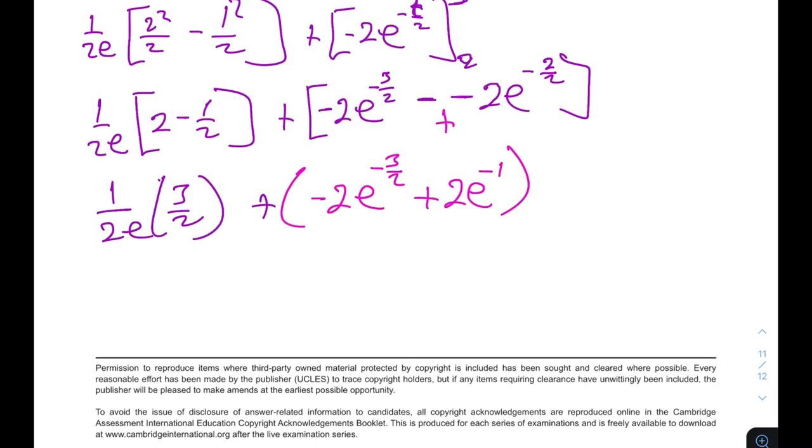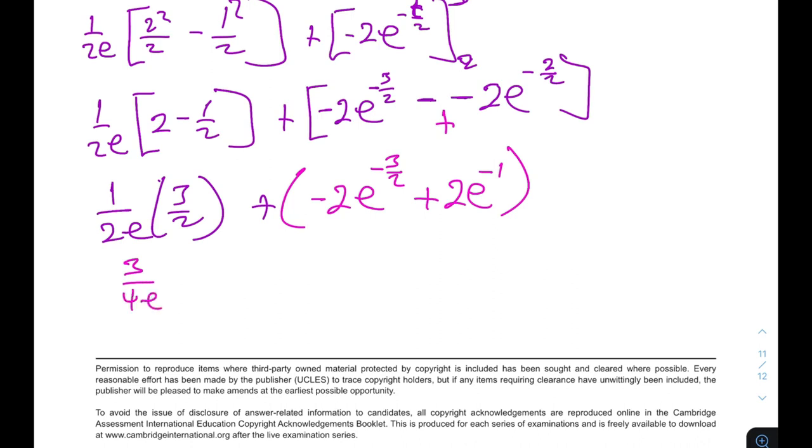I believe at this stage you can just write 3 over 4e plus this whole thing. So we can just put everything on the calculator at this stage. We are going to have 3 over 4e plus, into bracket, negative 2e to the power negative 3 over 2 plus 2e to the power negative 1.